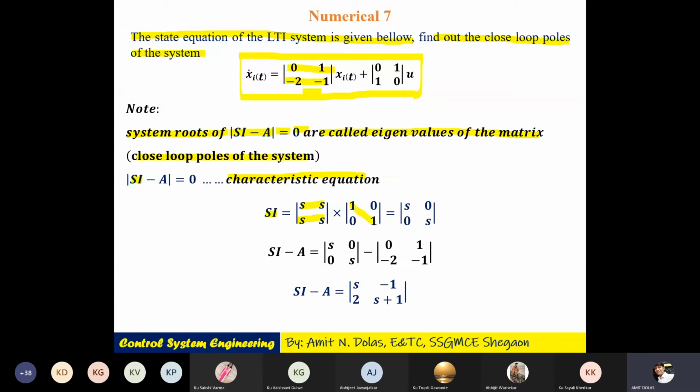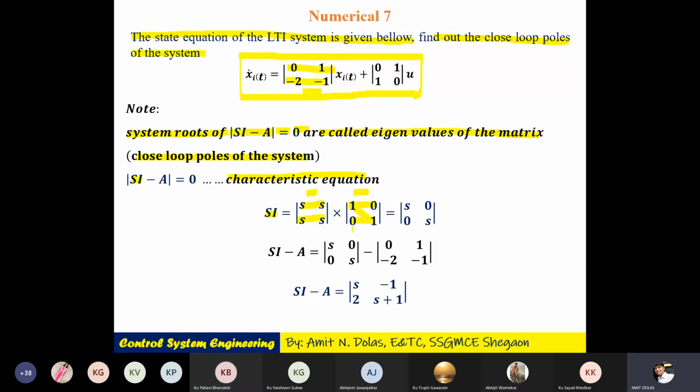What do you call this matrix, with diagonal 1, 1? Unit matrix. So this is S and this is the unit matrix I.